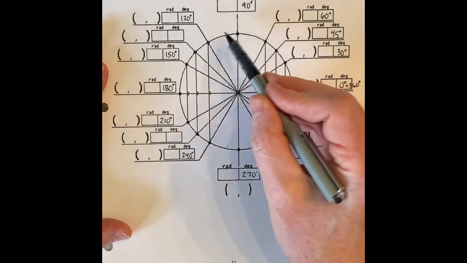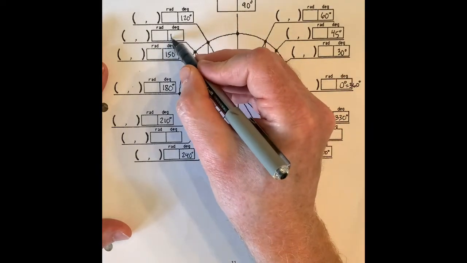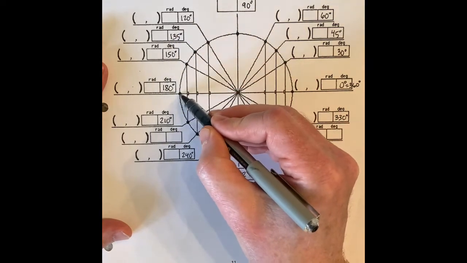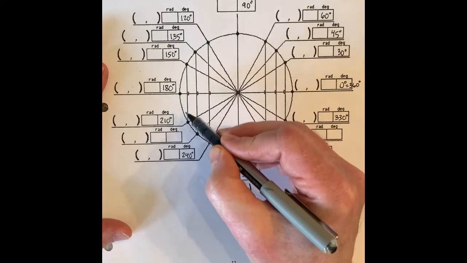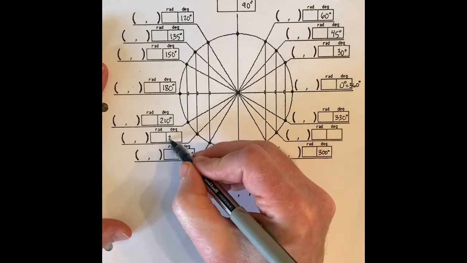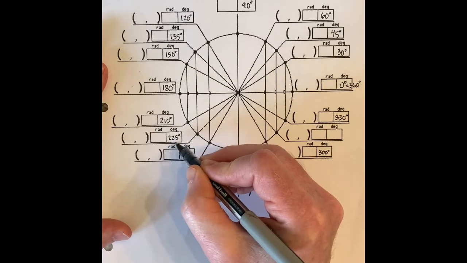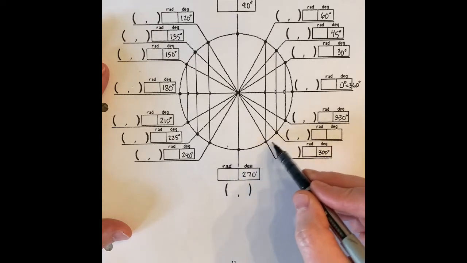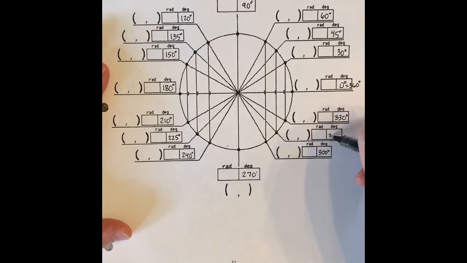Then if I added another 45, I'm now at 135. If I add another 45, I'm at 180. Add another 45, I'm at 225. Add another 45, I'm at 270, which I already have filled in. Add another 45, I'm at 315. And if I add another 45, I'm at 360, which is back to my original 0 location.